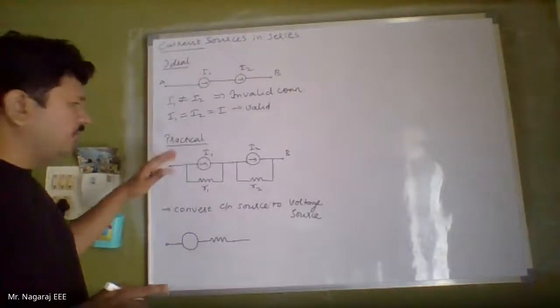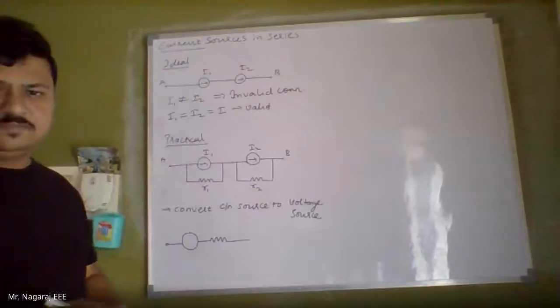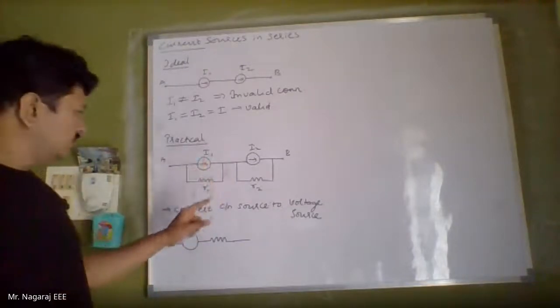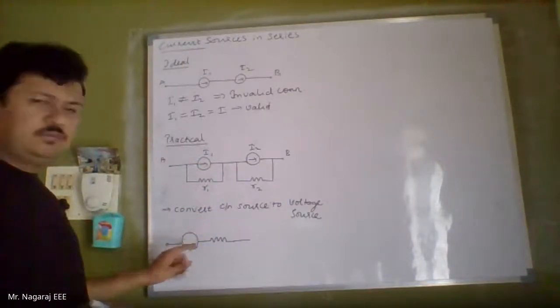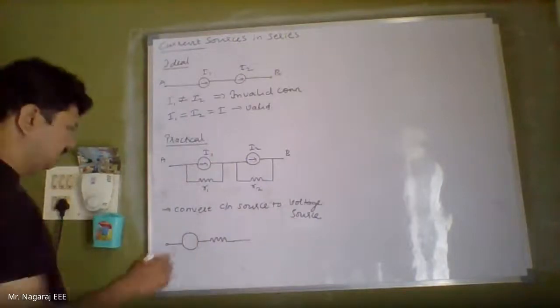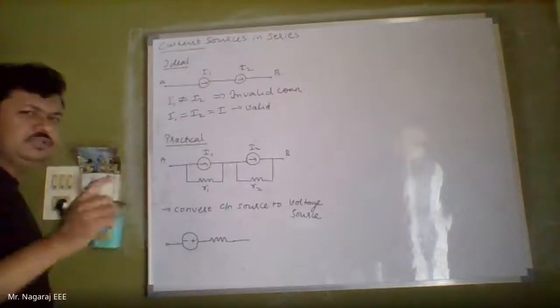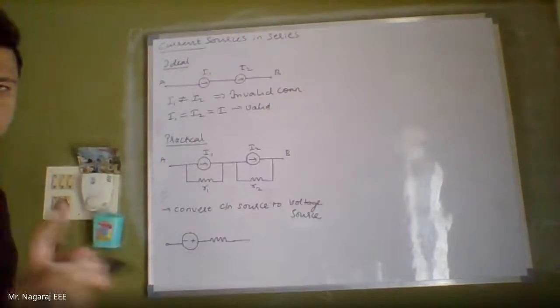Now, if I want to convert current source to voltage source, observe the direction of arrowhead. It is left to right. So the positive sign of the voltage source should come towards the right of the source. So this is minus, this is plus. This sign convention is very, very important, or else you will go wrong.